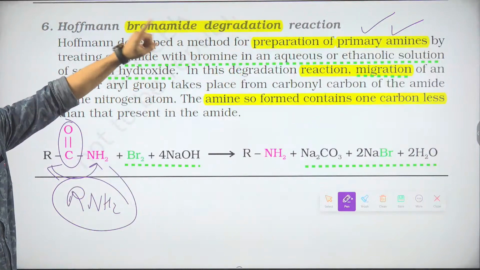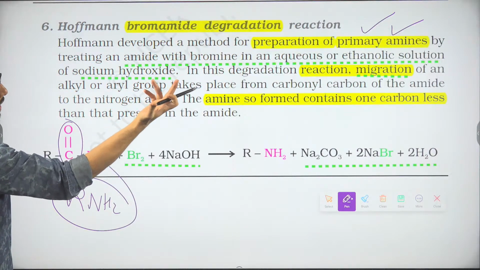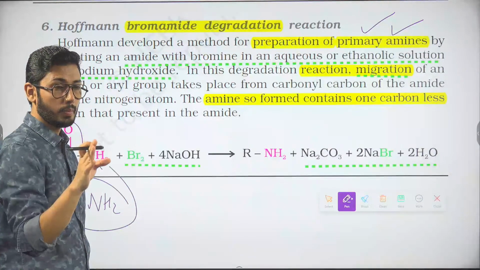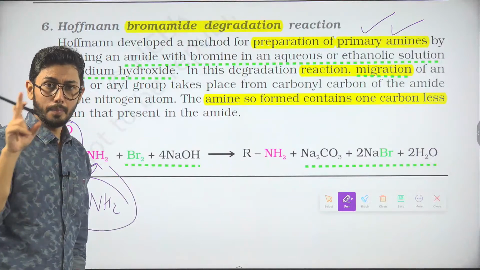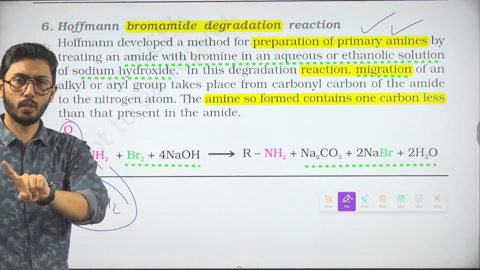Primary aliphatic amines. It is up to you if you are able to remember that point. At minimum: Hofmann bromamide, amide to primary amine, primary aliphatic also, primary aromatic also.